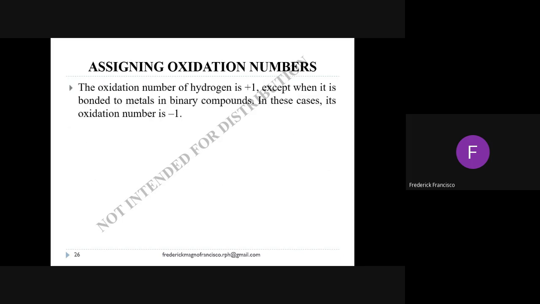The oxidation number of hydrogen is +1, except when it is bonded to metals in binary compounds. In these cases, for example, lithium hydride, sodium hydride, calcium hydride, its oxidation number is -1.